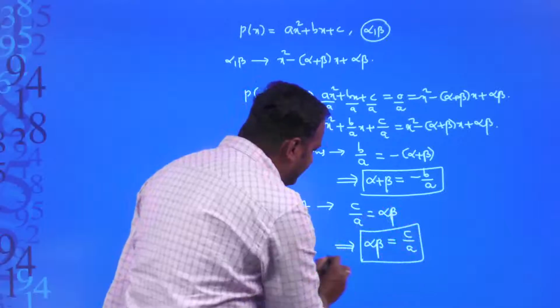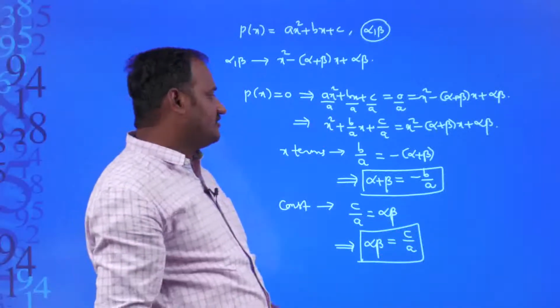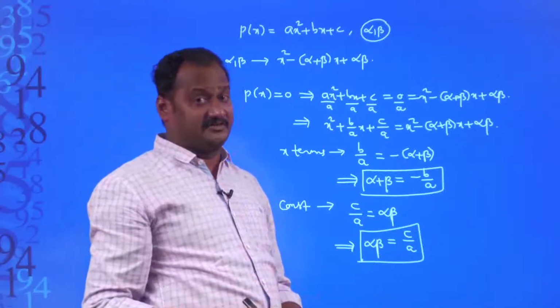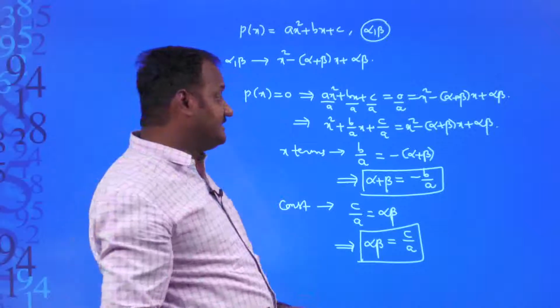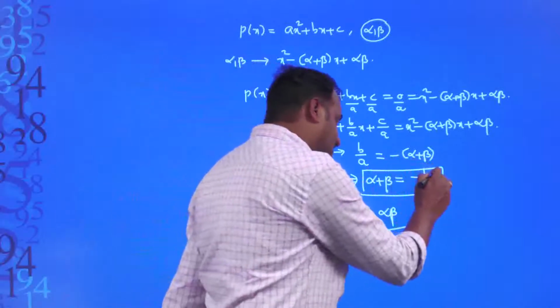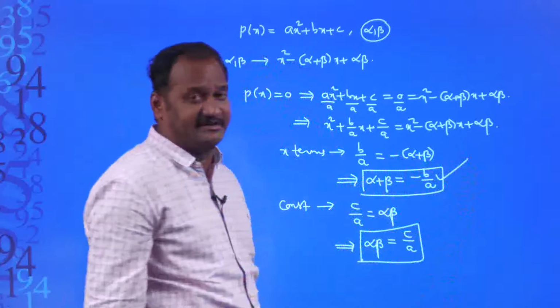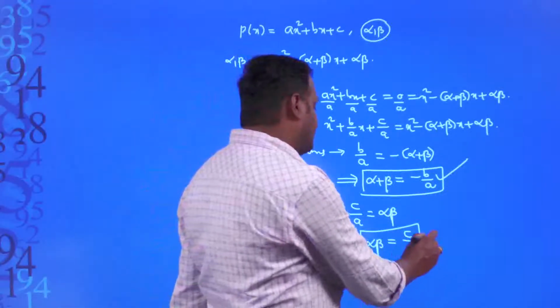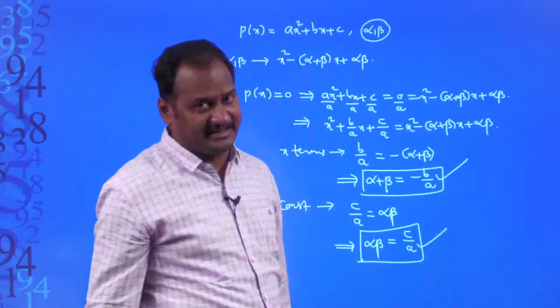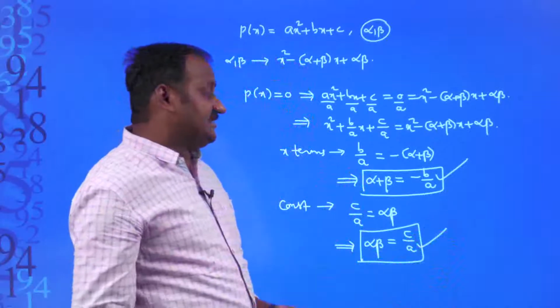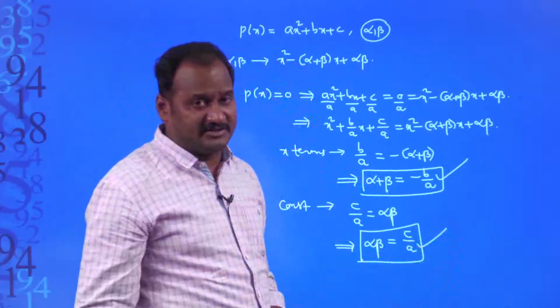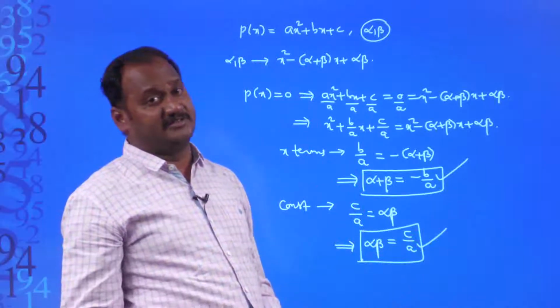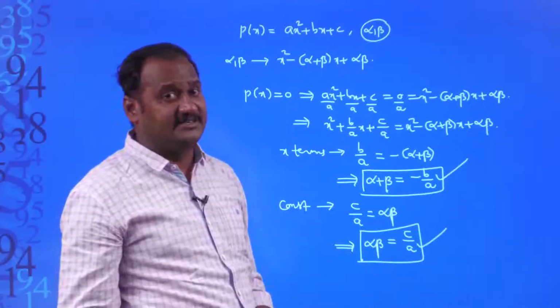So with this I can understand one thing, that without actually finding the zeros of the polynomial, I can easily figure out the sum of the zeros by using alpha plus beta equal to minus b by a, as well as product of zeros alpha into beta is equal to c by a. So please do remember the formula for sum of the zeros as well as product of the zeros of any second degree polynomial which is in the form of ax square plus bx plus c.